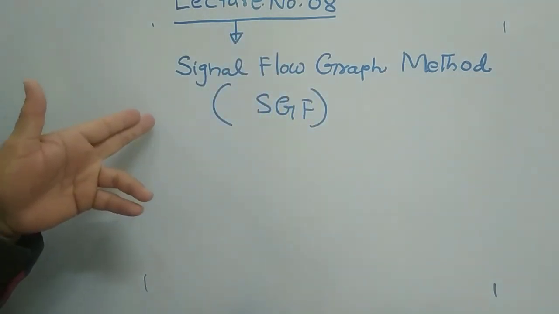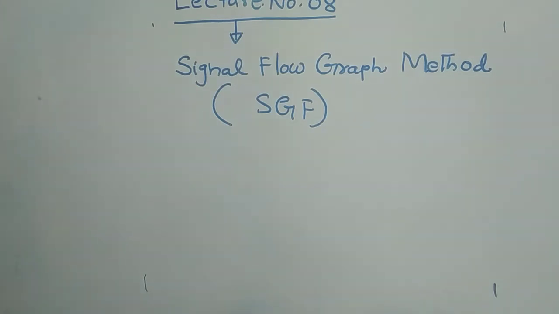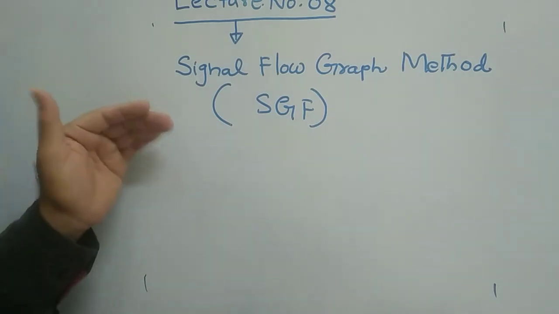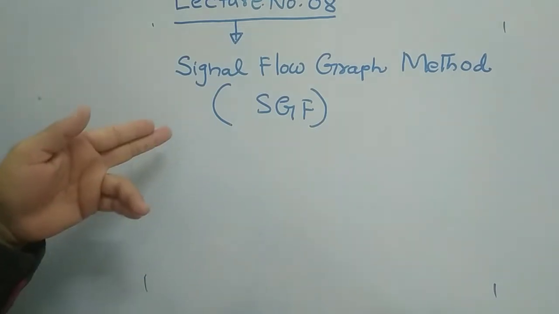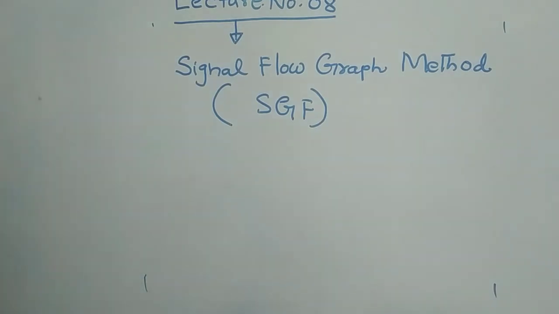So basically you have two types of signals: one is the input signal, and the second is the feedback. These are what signals mean as far as this topic is concerned.